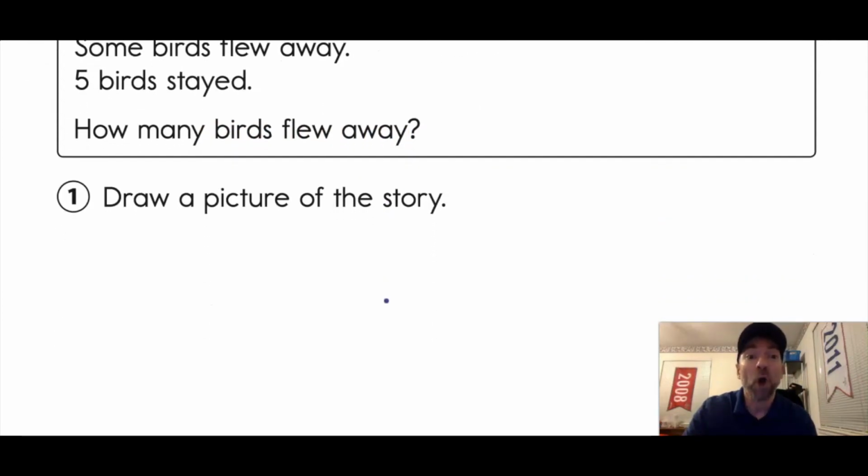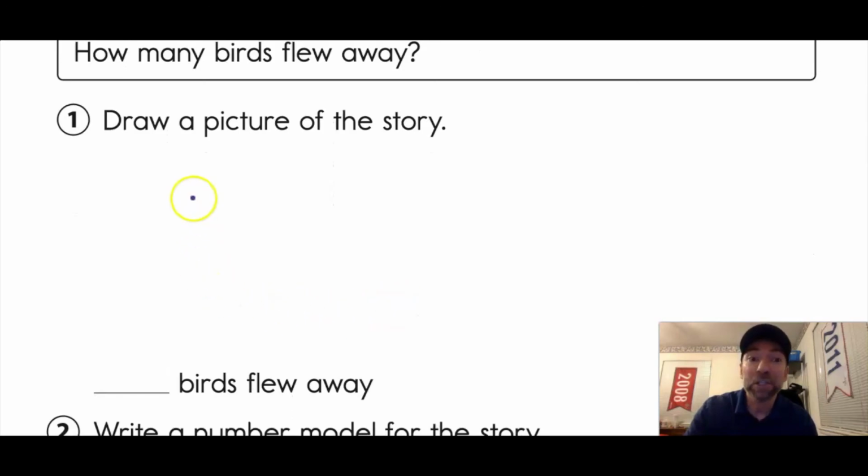You're going to draw a picture of the story. You're probably going to want to draw a tree and some birds are staying and some birds are flying away because it tells us in the story. And then you're going to write your answer. Blank birds flew away.